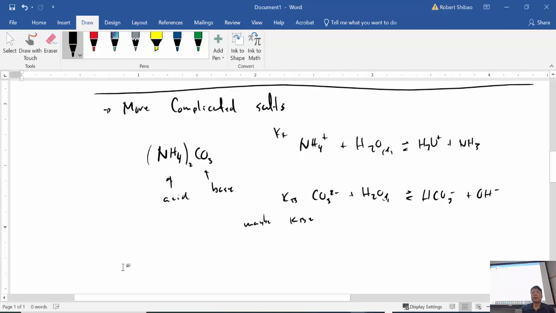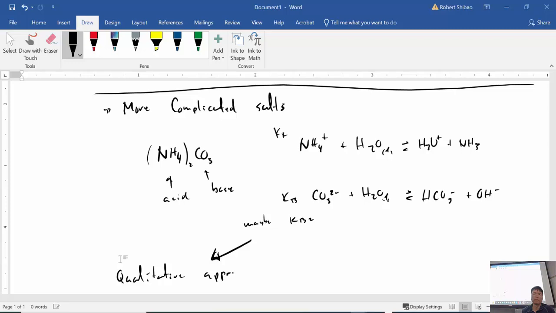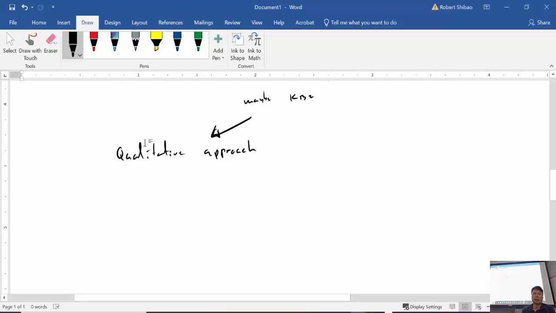So there are two ways to approach this. The first approach would be qualitative. We compare the Ka for ammonium versus the Kb1 for carbonate, and we see which one's bigger.